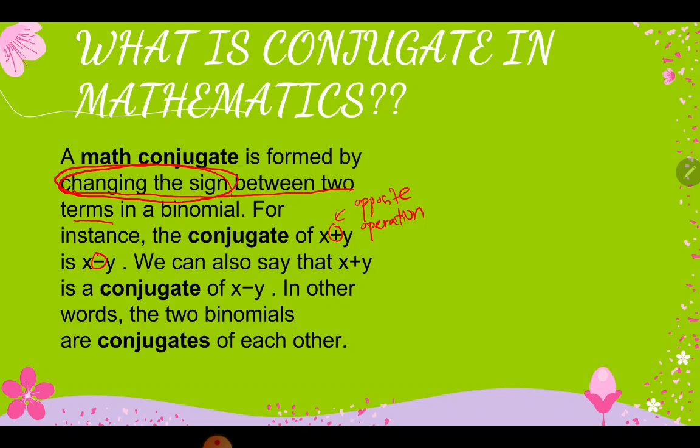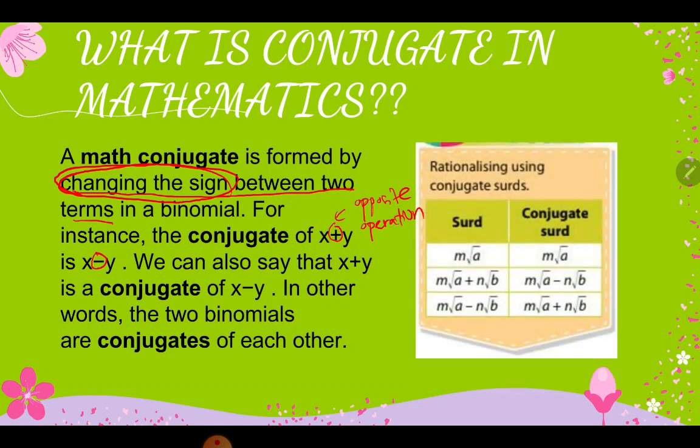Okay. So here we can say that there are three cases like before. When we have surd m surd a, our conjugate surd is m surd a, the same thing, because it doesn't involve any operation. But when we have m surd a plus n surd b, the conjugate is m surd a minus n surd b.